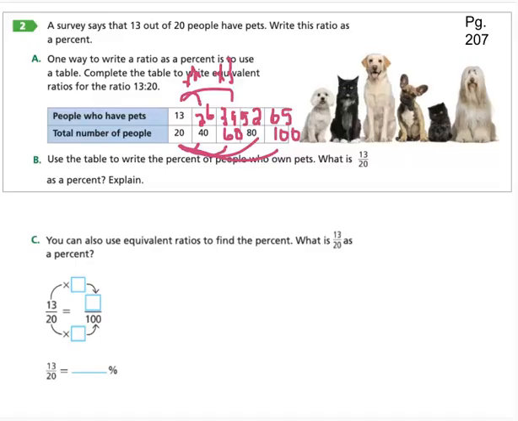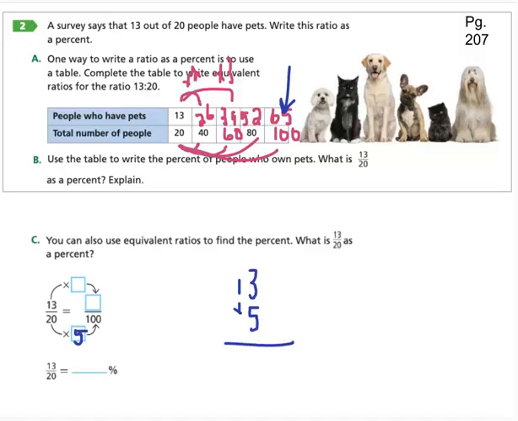So I'm going to come down here. We think it is 65 out of 100. So let's just look. We're taking the ratio we had up here, 13/20, and we're comparing it to 100. So I'm going to multiply by 5. I can even come over here and do 13 times 5.